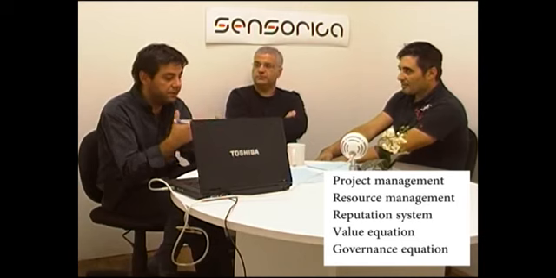So we identified here some big parts of the infrastructure that we've built for open value networks, or for distributed or decentralized production, or peer production. One thing is project management, and we see some groups starting to develop on Ethereum. And then you have a reputation system that is very intimately linked to project management. And then we have the redistribution module, and we use the term value equation.